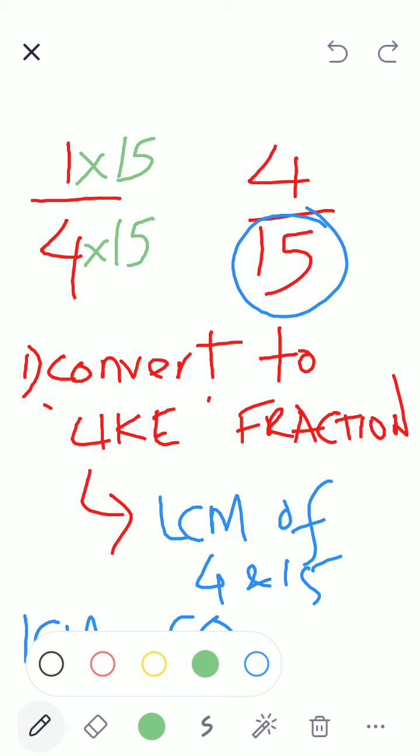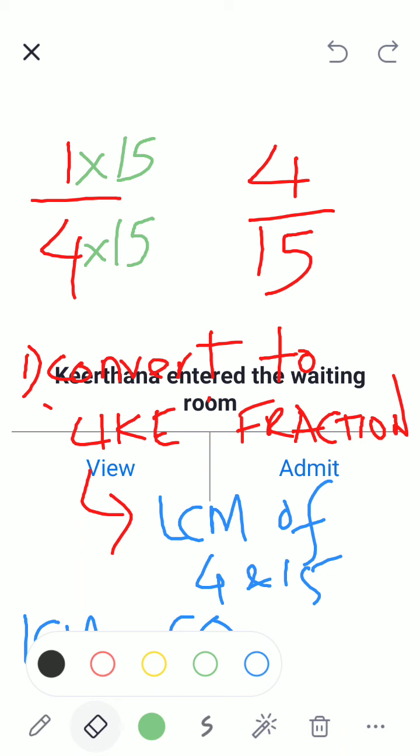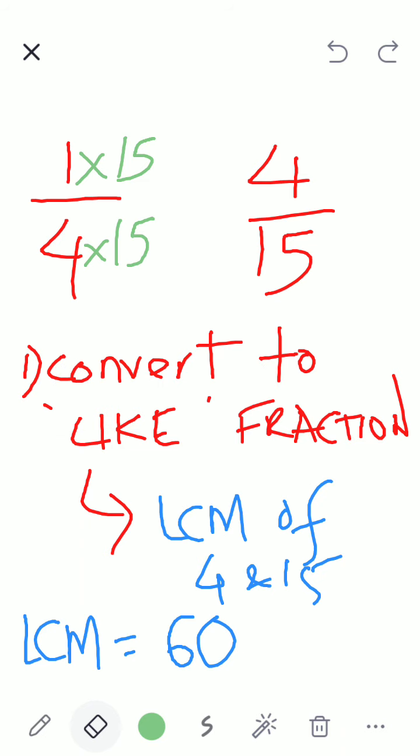Yeah, Nitisha. Tell me how will I convert the second fraction 4 by 15 to denominator 60? How can I convert this second fraction's denominator to 60?